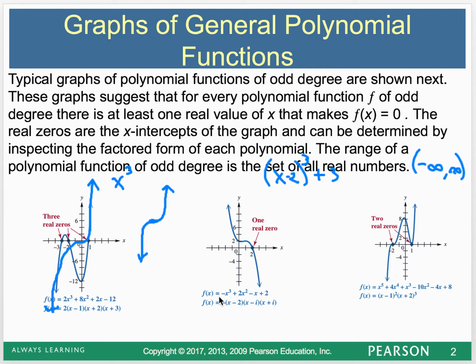Now, this one, if you've got a negative in front, then that cube is flipped over, right? So here's, you can see this is an actual just plain cube shape like we were talking about. This is a 5th degree, and it's still overall got that cube shape, but there might be some stuff going on in the middle. Okay?